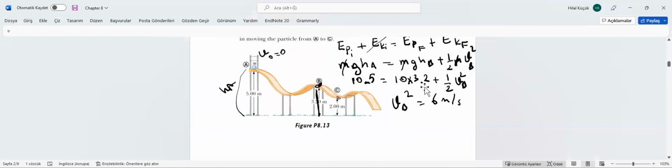If you look at C, what's C? Again, you can think I start from here to here. That's the easy part, because there isn't any kinetic energy at the first point, so I have just potential energy here.